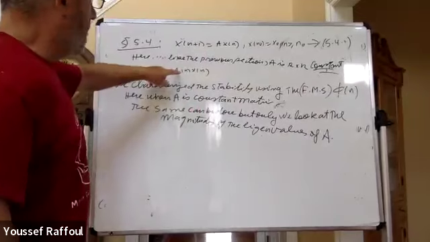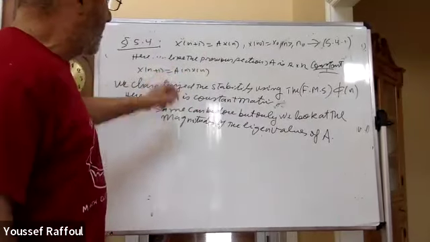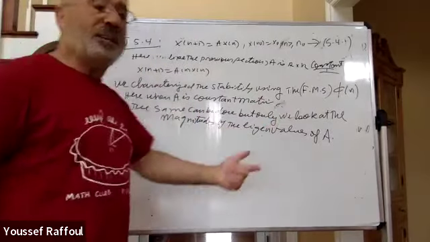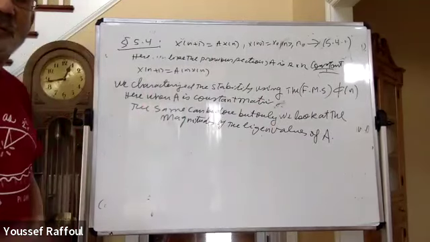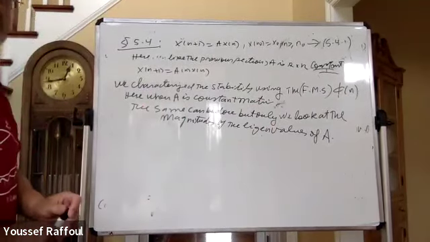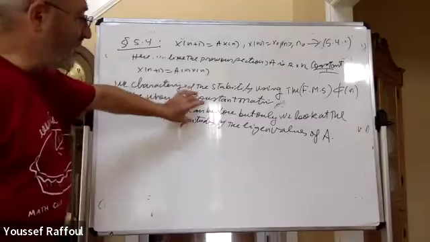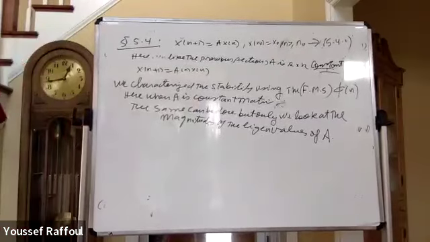However, if A_n now is a constant matrix, then the stability can be characterized using the magnitude of the eigenvalues. I need you to understand the difference between the two. Okay? They're very important. So this one is a particular case of this.